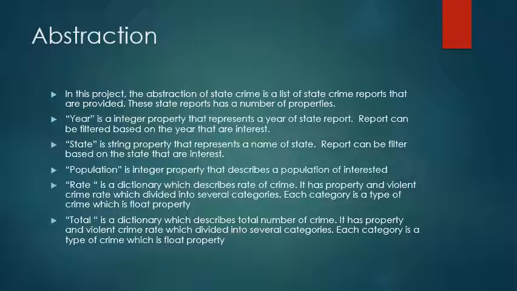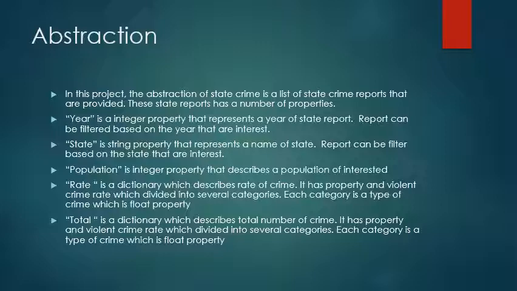And rate is the dictionary property which describes the rate of crime, and it is divided into two properties, property and violent, and they are also dictionaries, and they further divide into several float properties, which describe a type of crime.